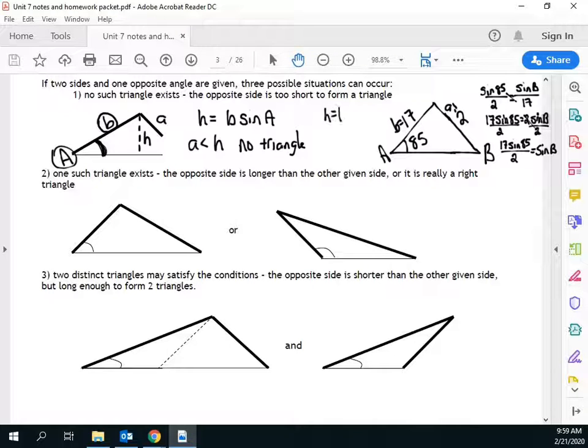So H is equal to 16.93. How does that compare to what A is? Would you agree that's right? In this example, what's A equal to?